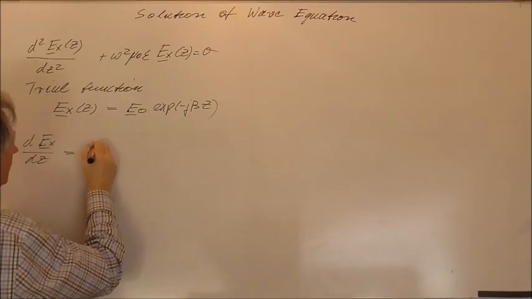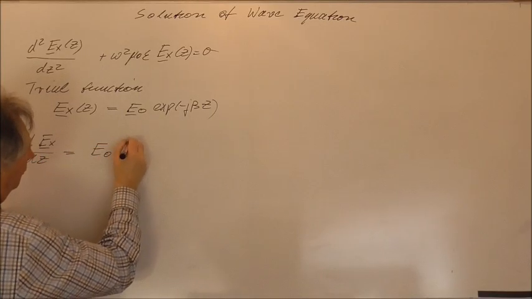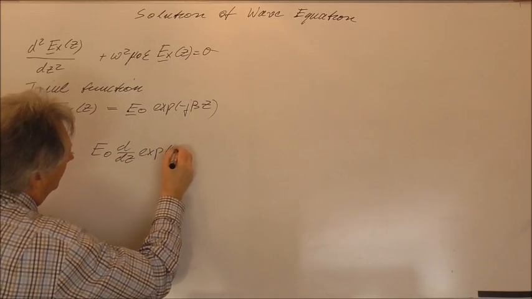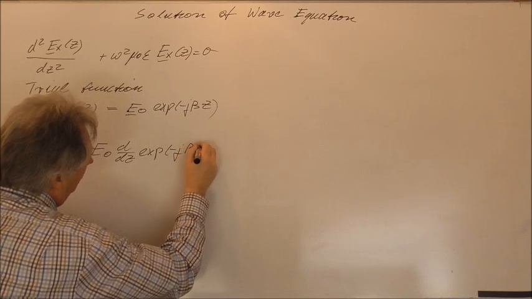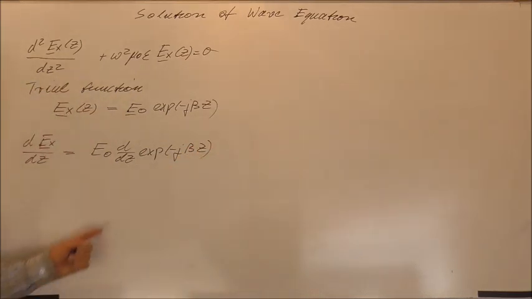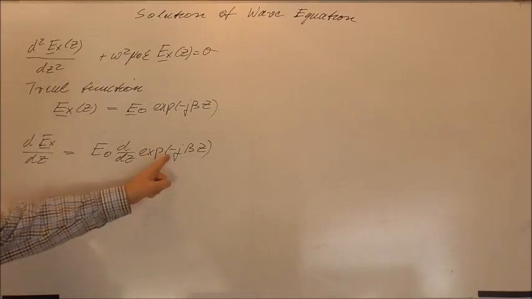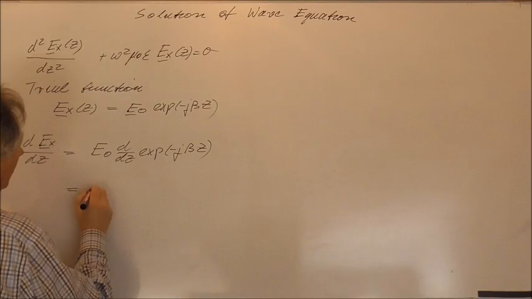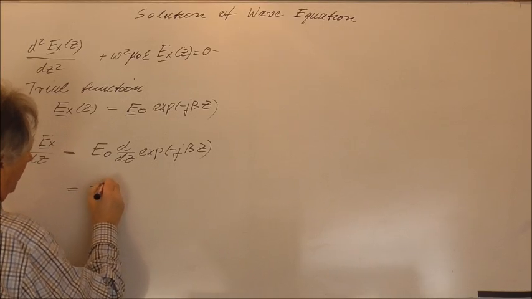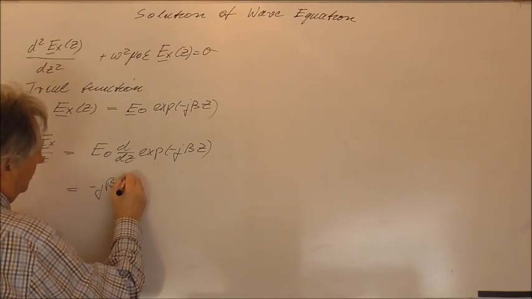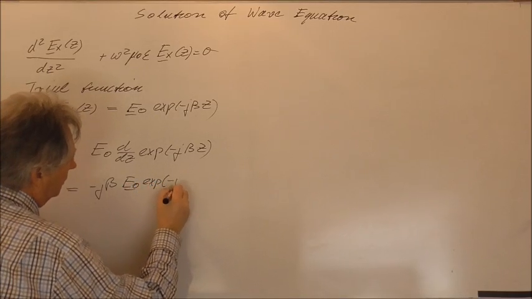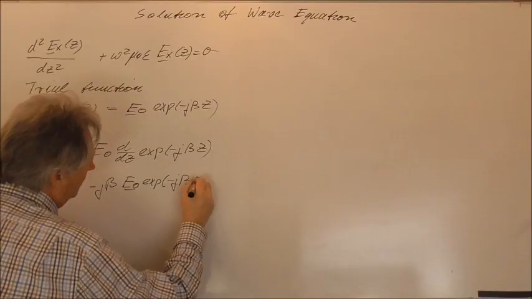then of course you see we must apply the derivation to the exponential function. And of course now the exponential function will reproduce itself, but we must multiply with this term, so we will get minus j beta times E naught exponential function of minus j beta times z.